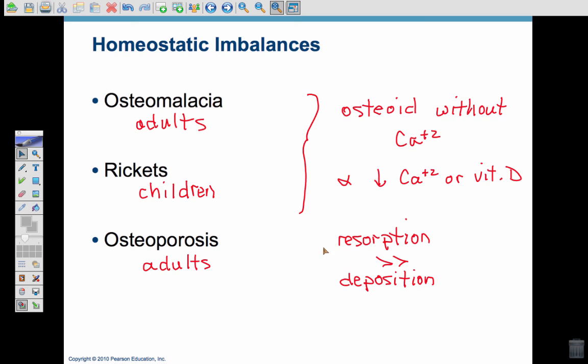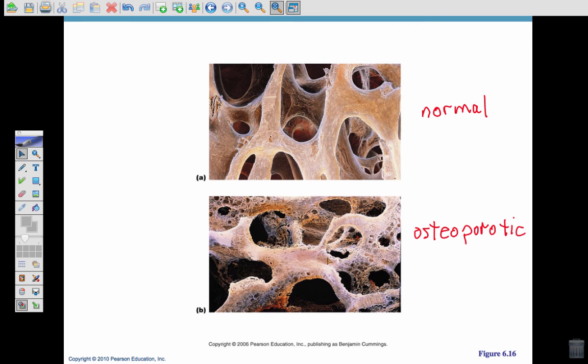So the bone tissue becomes more and more porous as a result. So there's still calcium. There's ossified osteoid, but because it has less and less of this part of the matrix, the bone becomes very brittle. And so this is the kind of circumstance that leads to fractures.